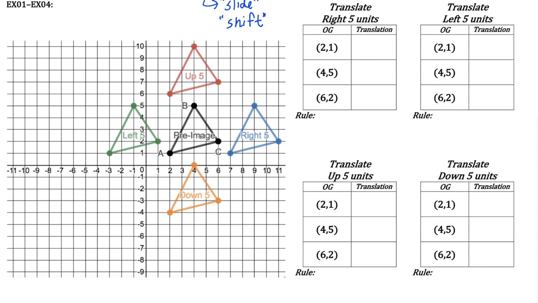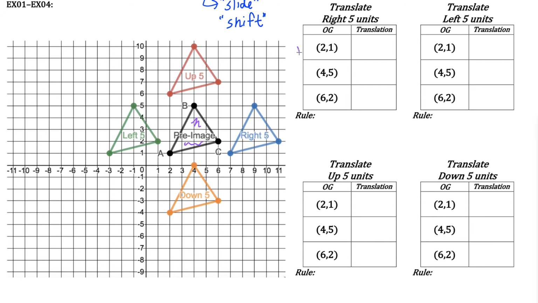So we have this pre-image. This is after it has been translated right 5 units, translated up 5 units, translated left 5 units, translated down 5 units. I'll put purple just so y'all can know.